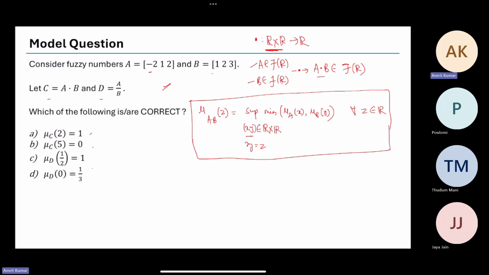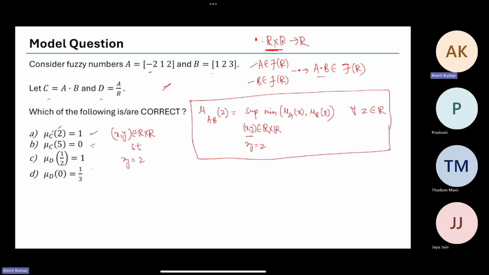Now let us see if we can use this formula to identify if options A and B are correct. Now we need to check if the membership of 2 in C is 1. So we are interested in pairs x comma y from R cross R such that xy equals 2, right?